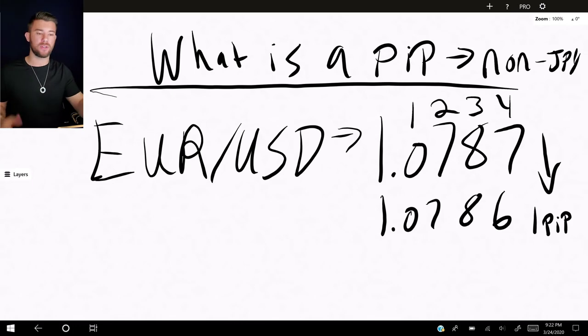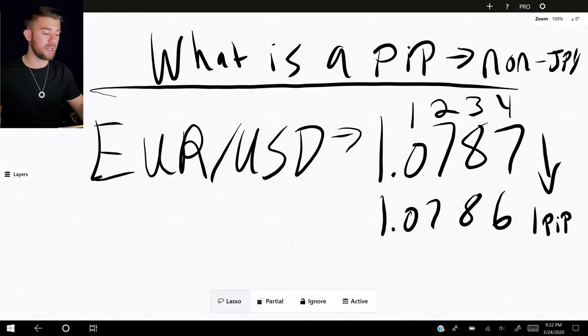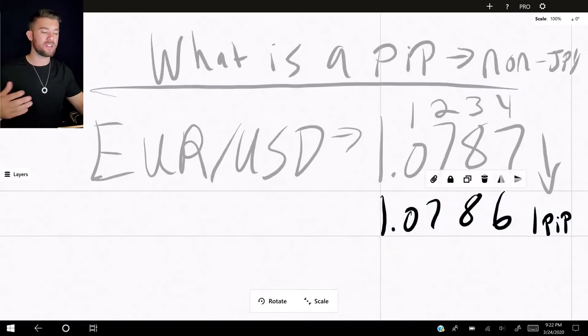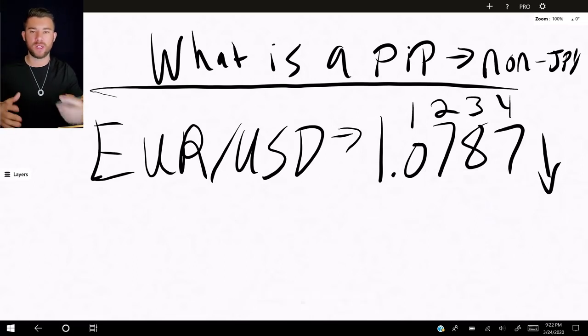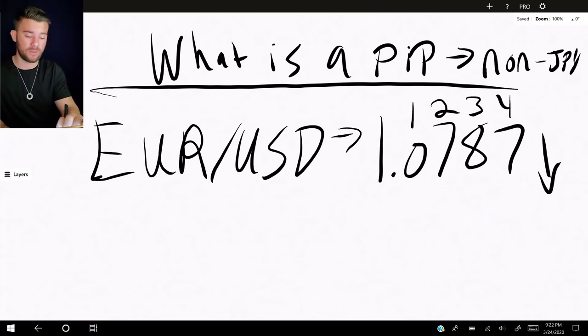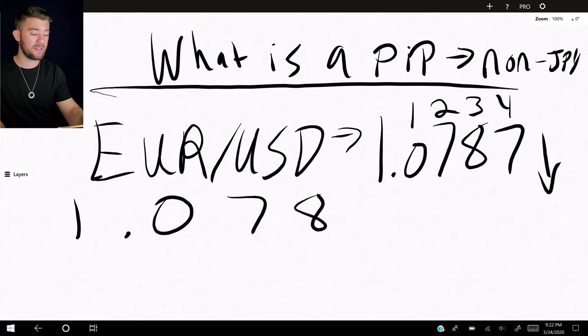And here's how I want you to look at this. This is the way I looked at it at the beginning, and it really helped me to understand this more clearly. Not that it's a super complicated thing. If you watch this video a couple times, understanding this will be extremely easy. Let's write out our value of the euro dollar and space it out a little bit to give us some room: 1, decimal, 0787.